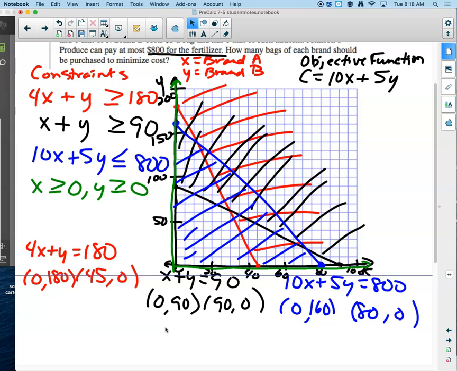Now we're not done yet, and we're much closer than we were before, but I have to look for, on mine, the blue, the red, and the black. And I realize that's forming this triangle in here.